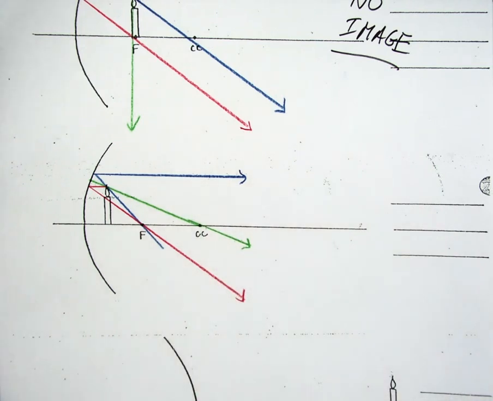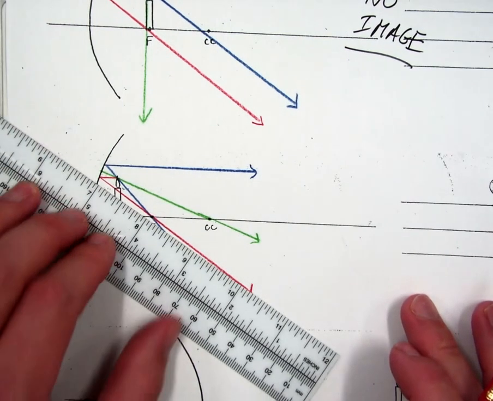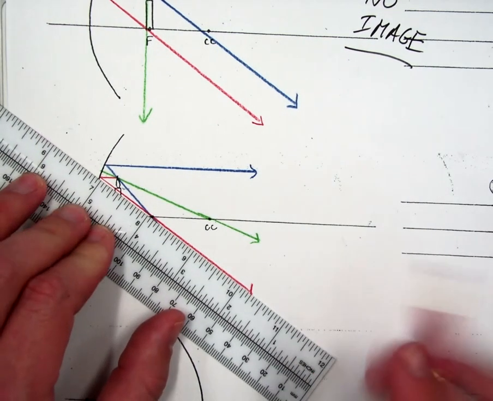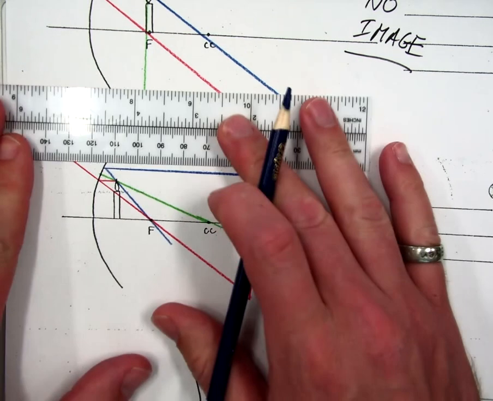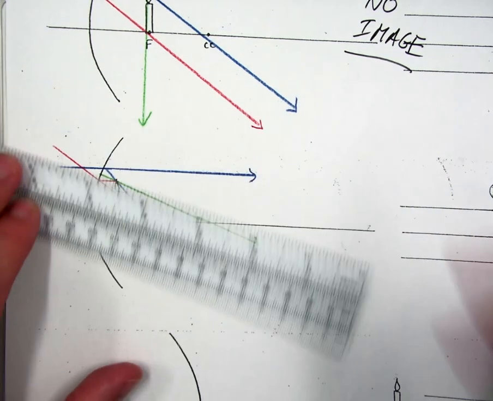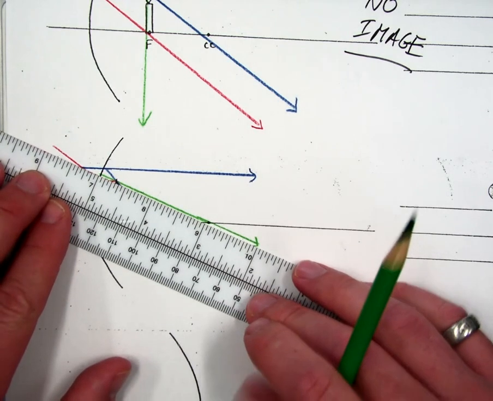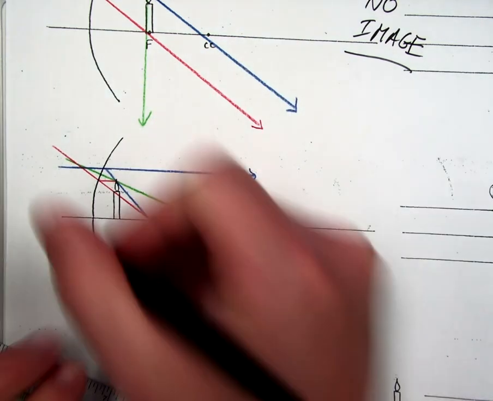However, if I allow my rays to be extended into the virtual world behind the mirror, I see that this red ray, this blue ray, and this green ray do indeed converge, and they form a new kind of image.